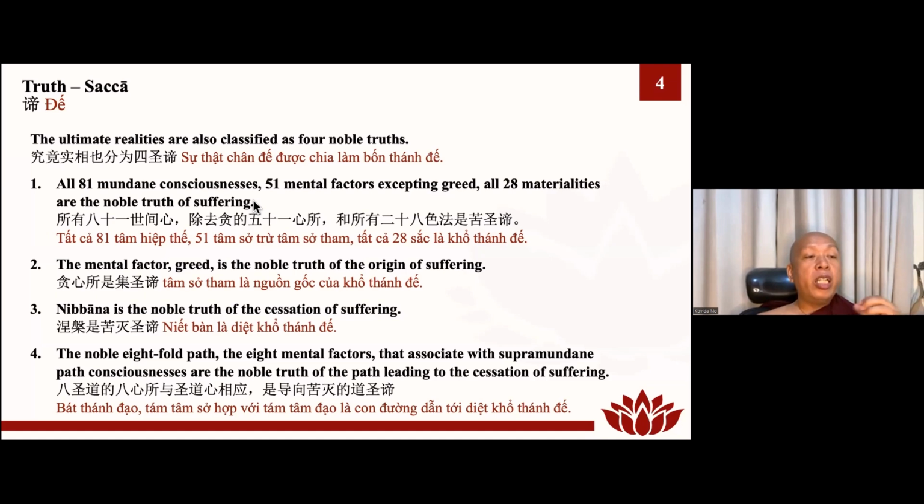This is according to the Visuddhimagga, according to Abhidhamma, that we analyze like this. Actually, according to the Suttas, there are many other analyses about the origin of suffering. For example, dependent origination can also be one of the origins of suffering.